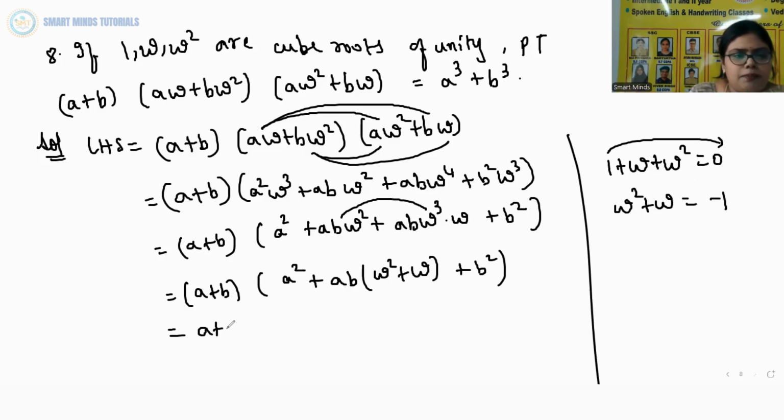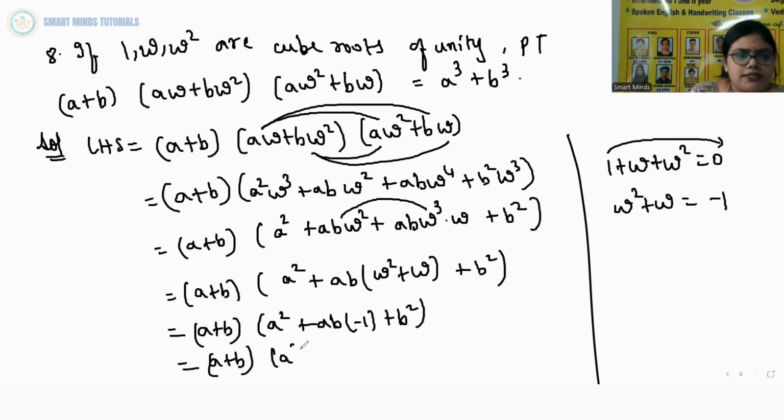So that is (a plus b) into (a square plus ab into minus 1 plus b square). So that is (a plus b) into (a square minus ab plus b square). This is the formula for a cube plus b cube. That is RHS. Hence proved.